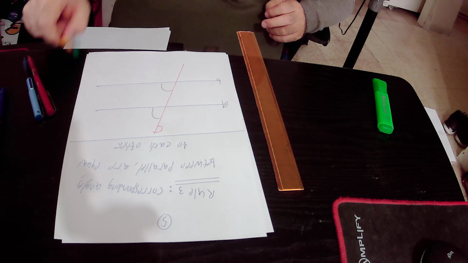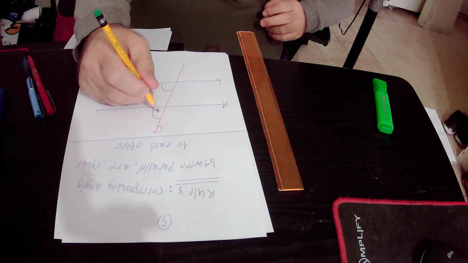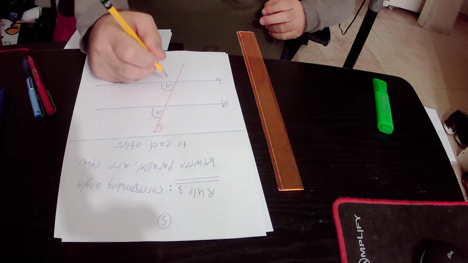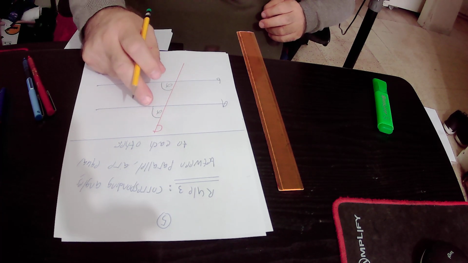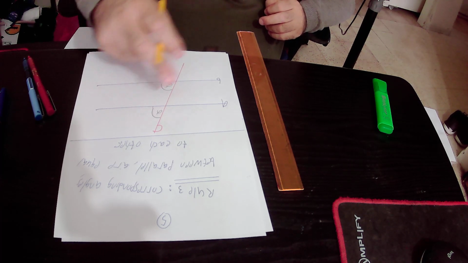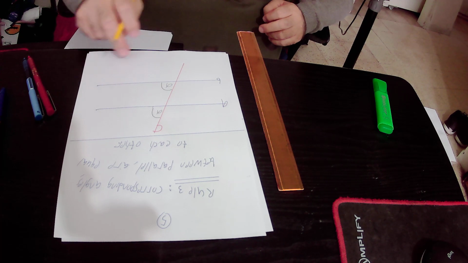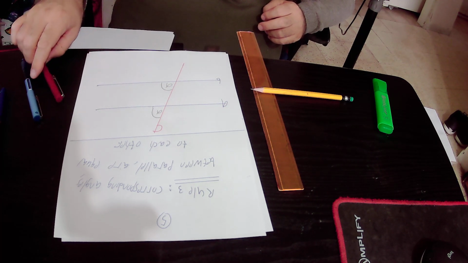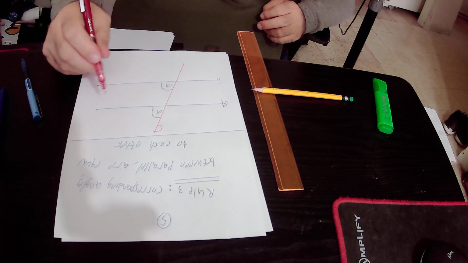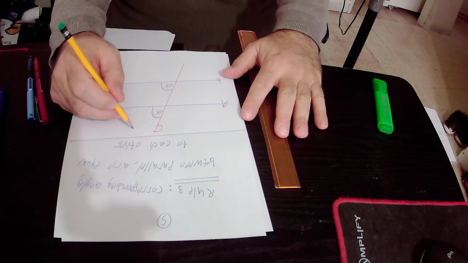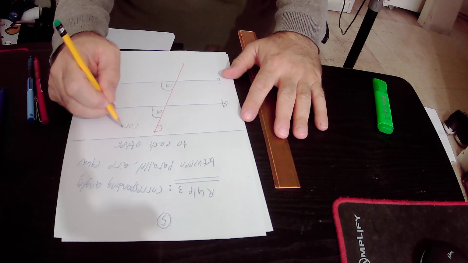So if this angle equals alpha, this angle will also be equal to alpha, because there are two corresponding angles located between the parallel lines A and B. That is according to rule number 3.